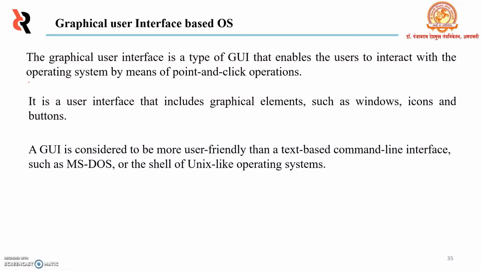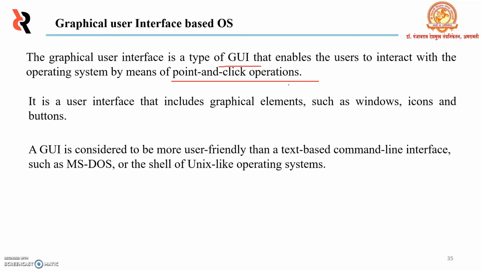Let us see another type of user interface, that is the graphical user interface. The graphical user interface enables the users to interact with the operating system by means of point and click operations. GUI contains several icons representing pictorial representations of files, directories, and devices.